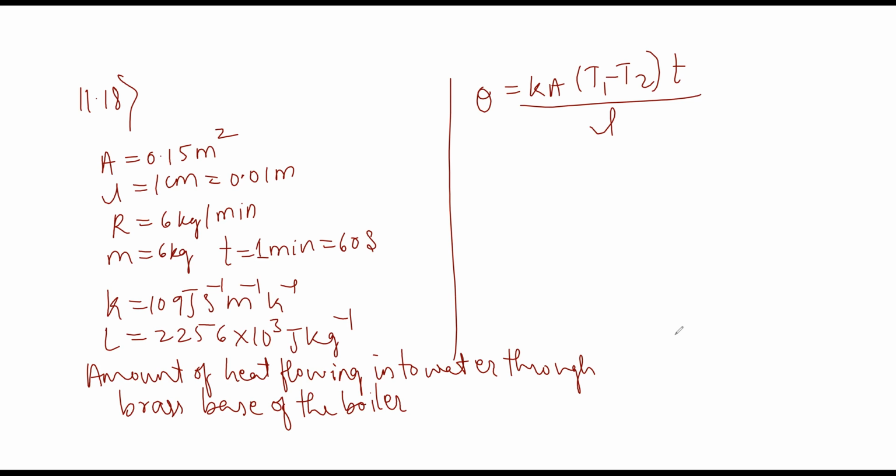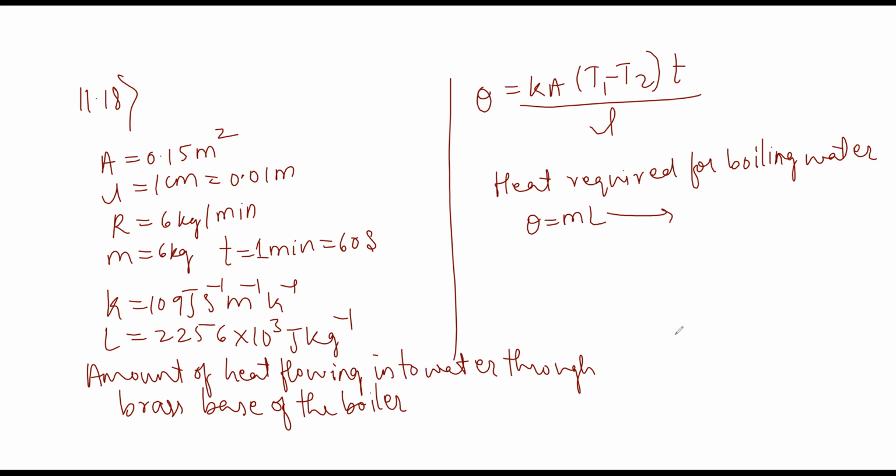Then the heat required for boiling the water is given by θ = mL. Let us consider this one as equation 2, and the first one as equation 1. Equating equations 1 and 2.